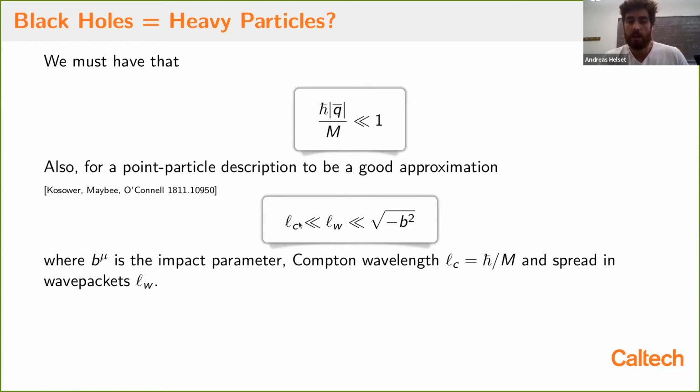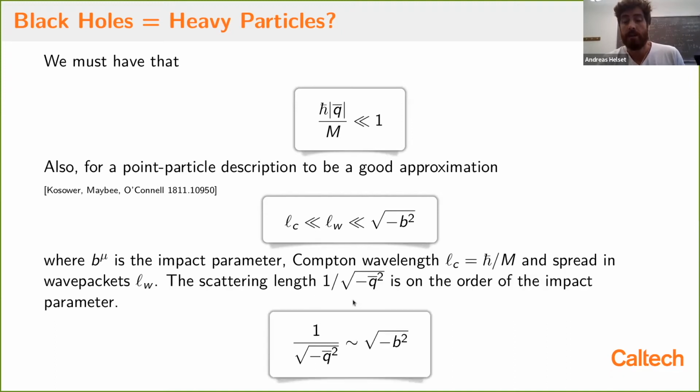Namely, the Compton wavelength has to be much less than the spread of the wave packet, just describing these black holes as some wave packet peaked around the worldline, and that's much less than their separation or their impact parameter. From the definition, the Compton wavelength is h-bar over m, which we also see up here.